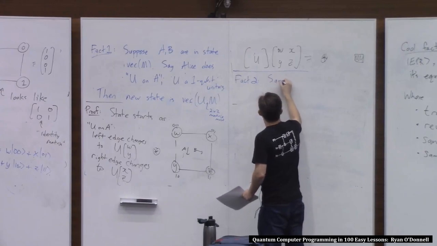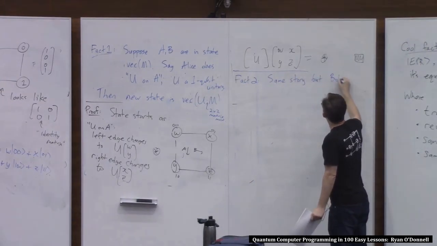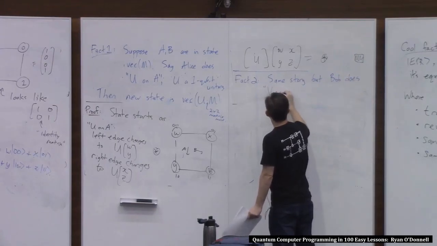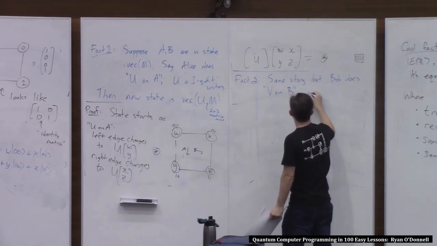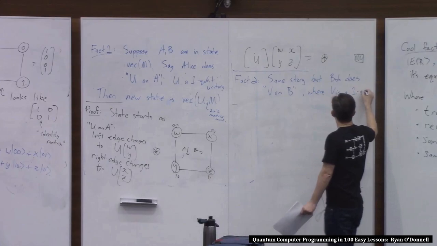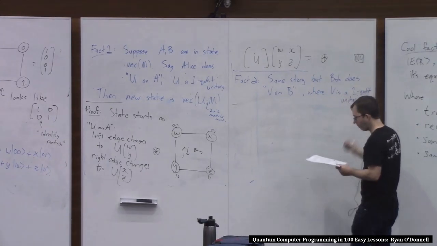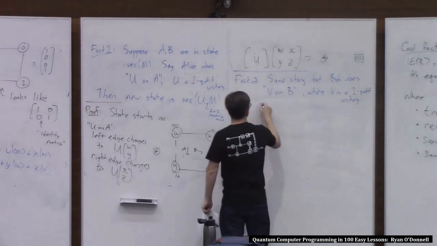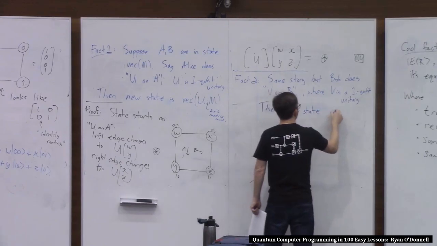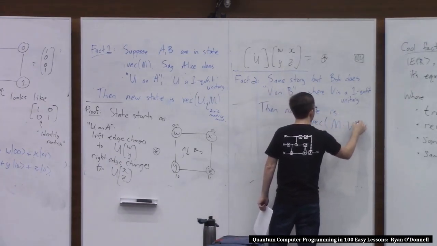Same story, but Bob does V on B, where V is some other 1 qubit unitary, so a 2 by 2 matrix. Then the new state is vec of M times V transpose.